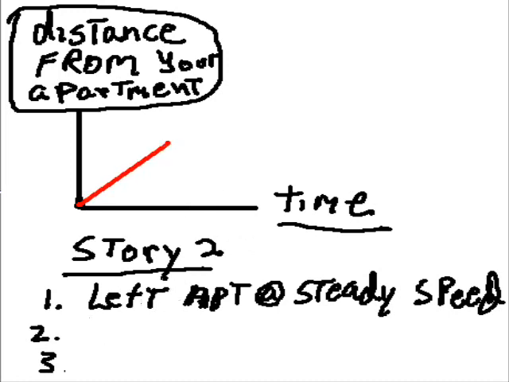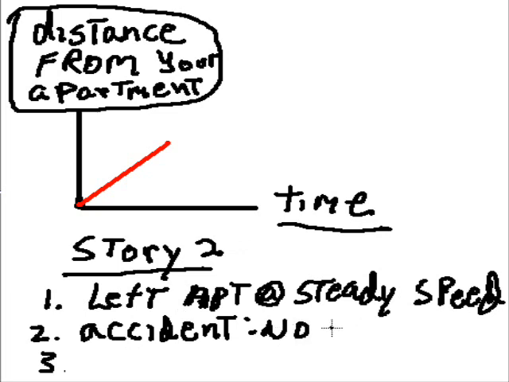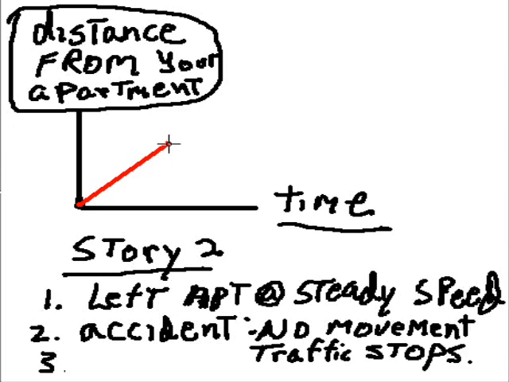But then, there's an accident on the road and no movement. Traffic stops. Your distance from home remains unchanged at that point. You're staying there until what occurs? The problem goes away. They fix the problem.